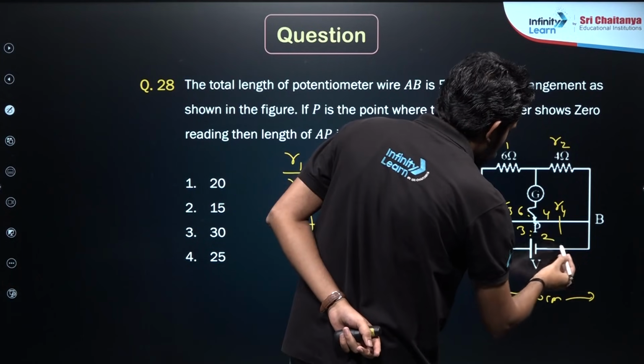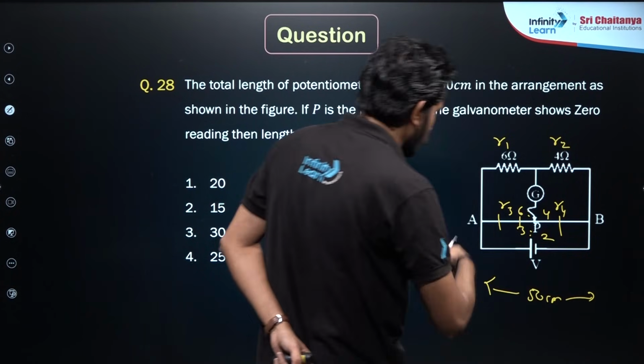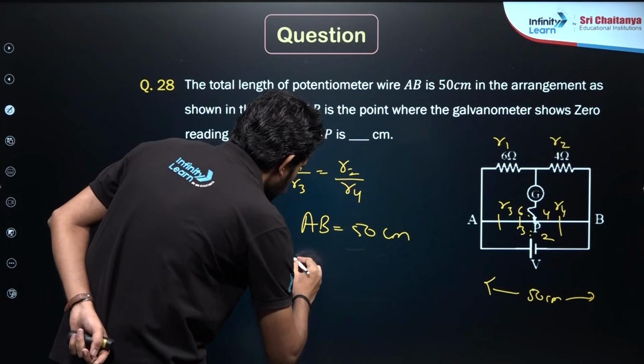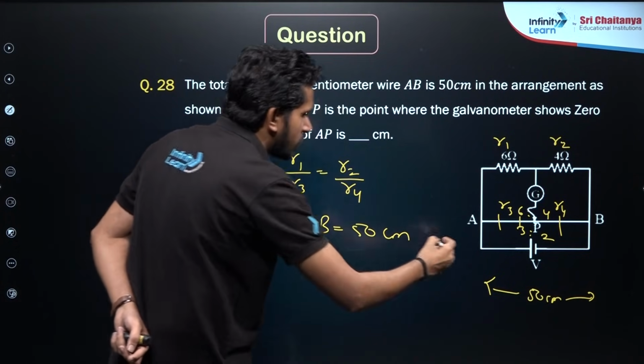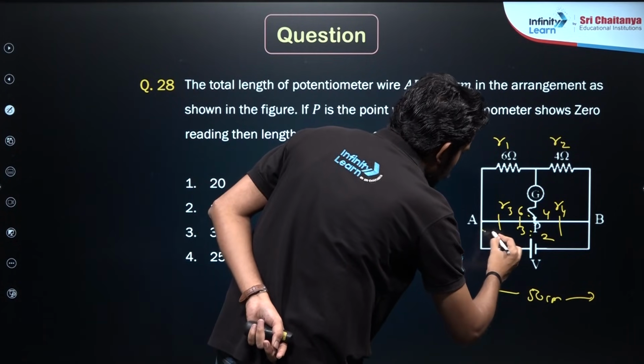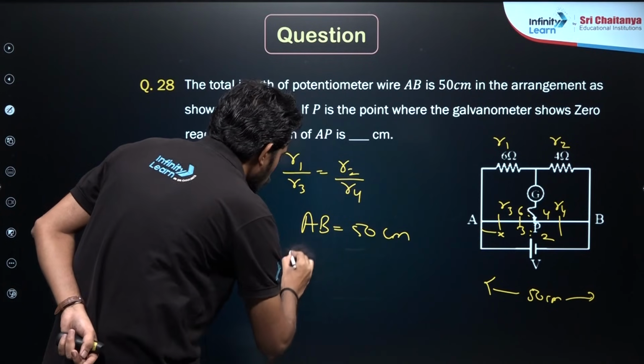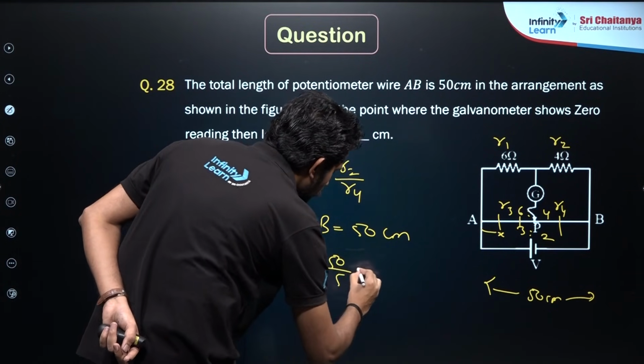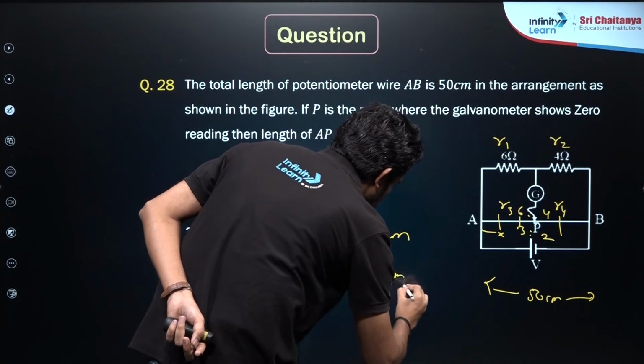Let's say 2 portions and 3 portions. So each portion has length, let's say this is AX. So AX will be 50 upon 5, 10 centimeter.